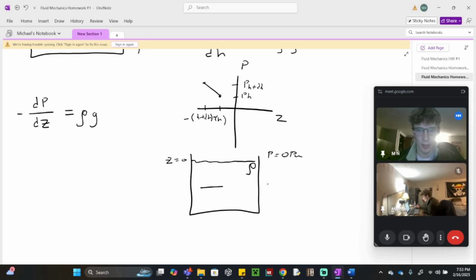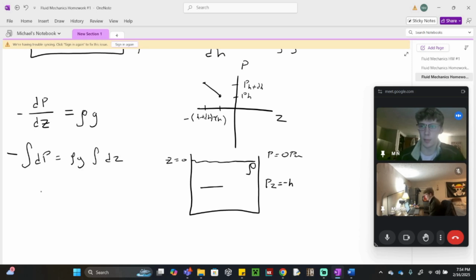And at this point, z is going to be equal to negative h. So now we take our integral. I'm going to multiply the dz to the other side. So we get negative, which is a constant on the outside, of the integral of dp equal to rho g integral of dz.